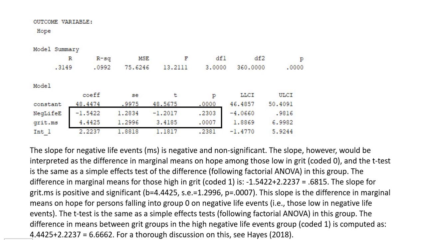And the difference in means between grit groups in the high negative life events group is essentially 6.6662. I do want to point out that Hayes in his book does a really nice job of relating factorial ANOVA to moderated multiple regression when you have categorical independent variables. So that's definitely something to check out.